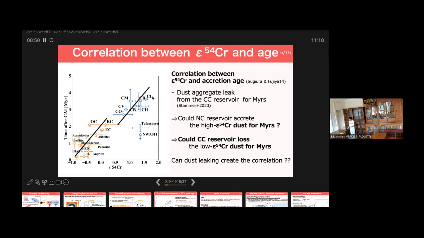So maybe there is a possibility that dust leaking creates this correlation. Motivated by these two topics, our aim is this.